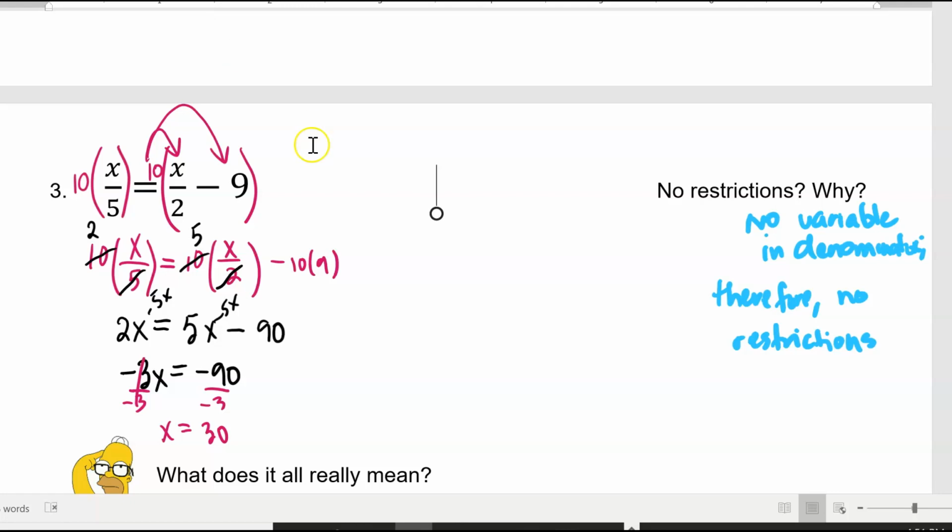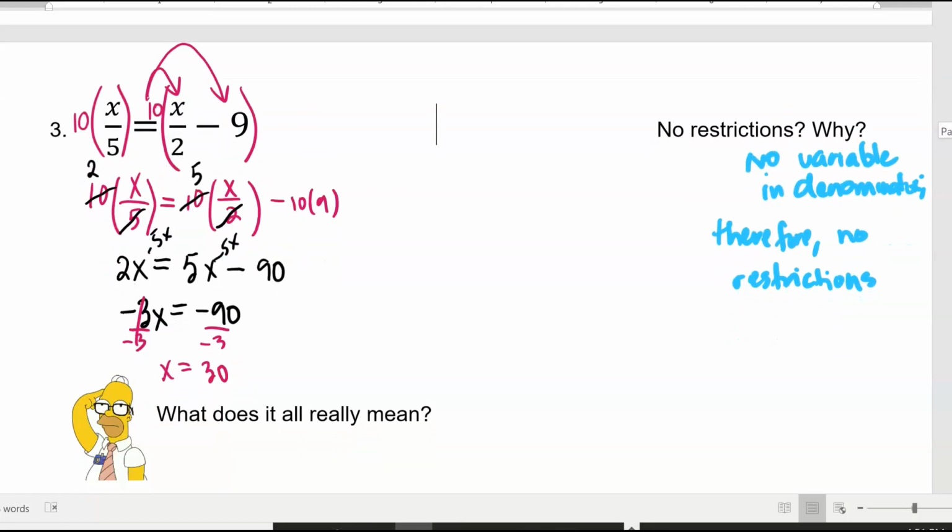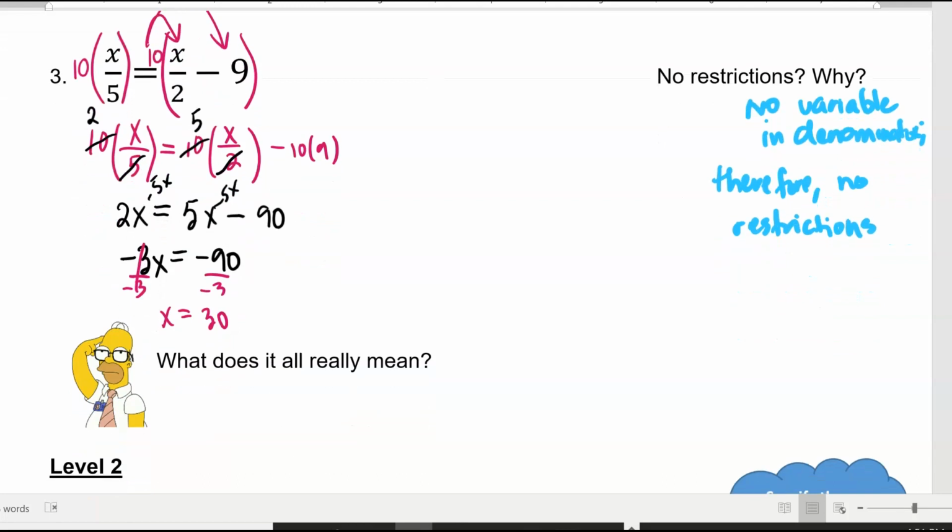Now, I said, what does it mean? It's saying that if we substituted 30 for x in our original problem, and our original problem is here, x over 5 equals x over 2 minus 9, it's saying if we made that substitution, we're saying that 30 will satisfy the equation.